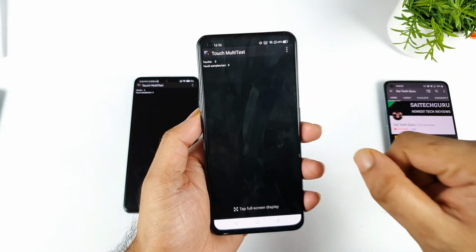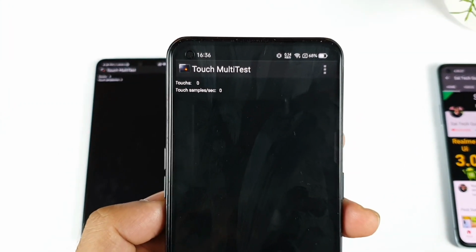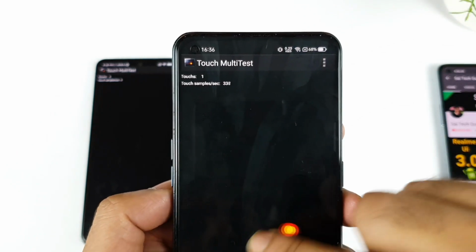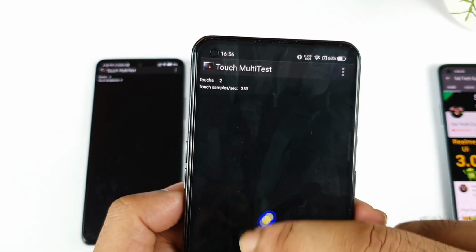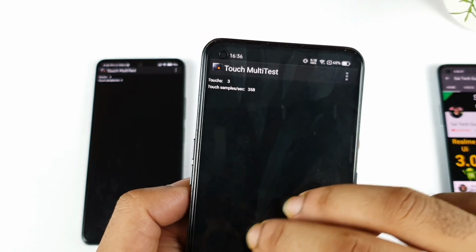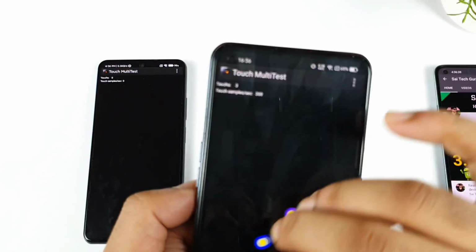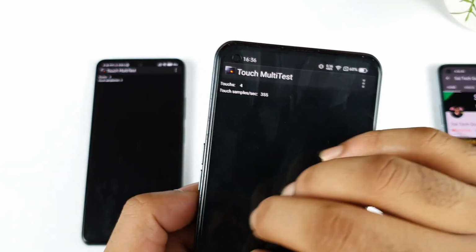So here's the live proof of what we got. Now let me try multi-finger gestures. Focus on the top here. Whenever I add another finger, you'll see the two touch inputs detected. It's remaining exactly the same, and with three touch inputs it's remaining similar, no problem. With four touch inputs it's remaining exactly the same, 360.